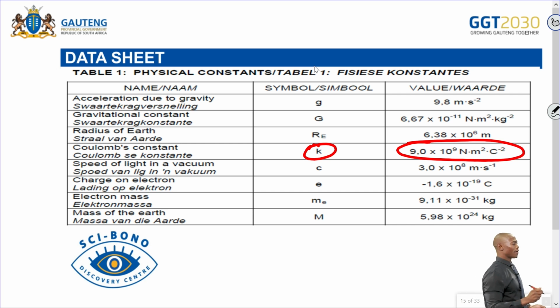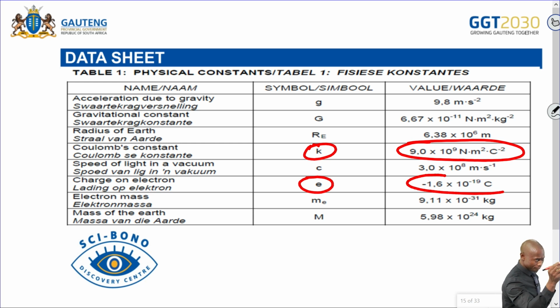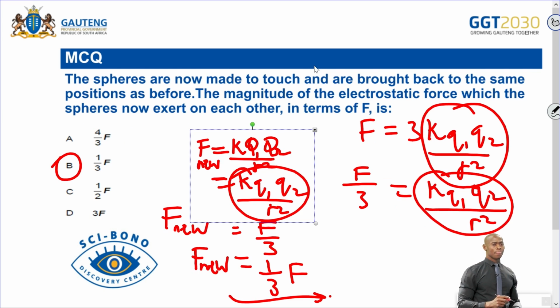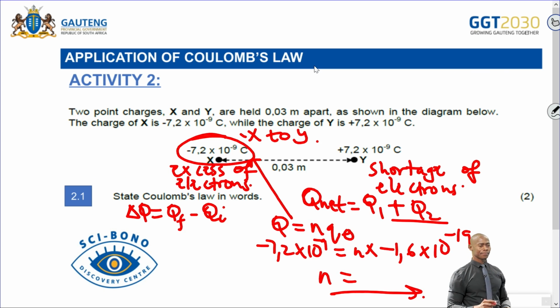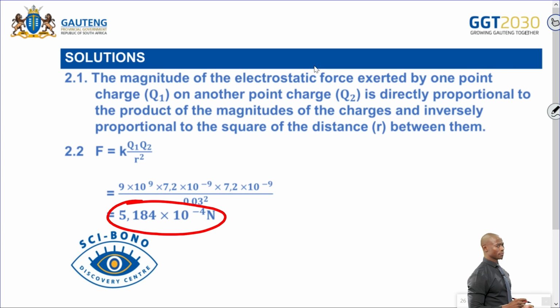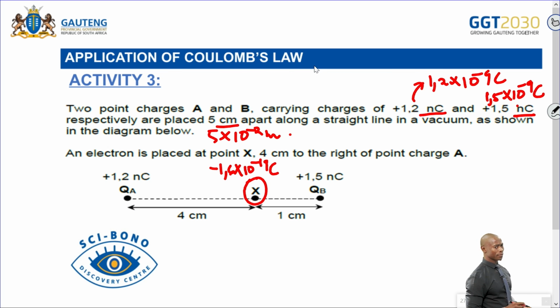According to our data sheet, the charge on an electron is negative 1.6 times 10 to the power negative 19 coulombs. So this is what I have.